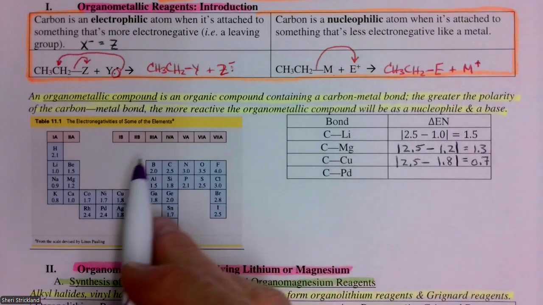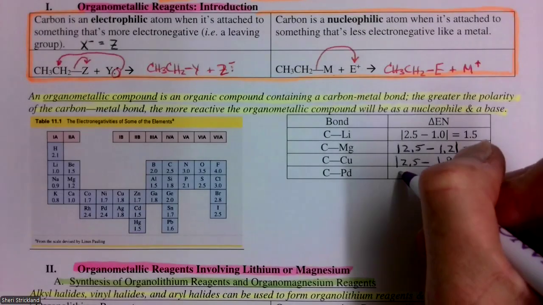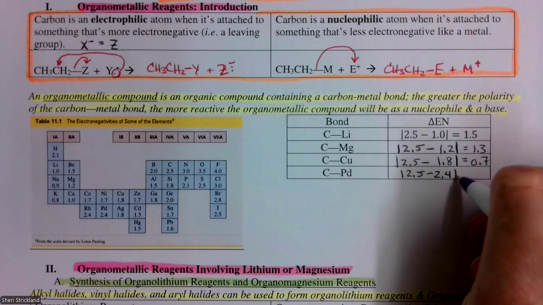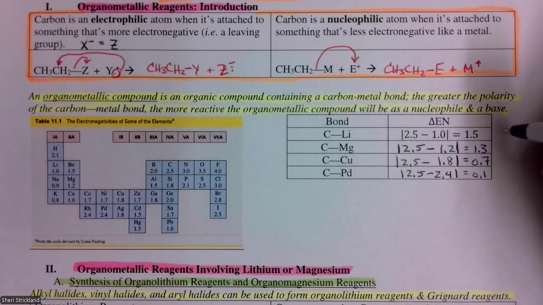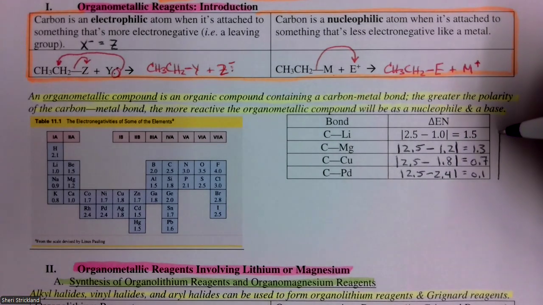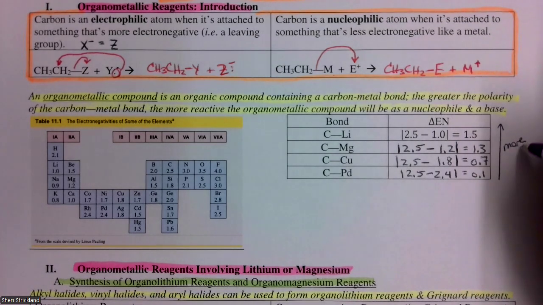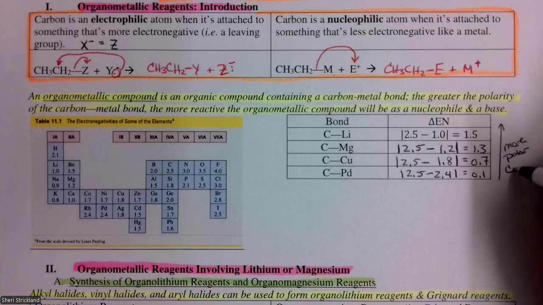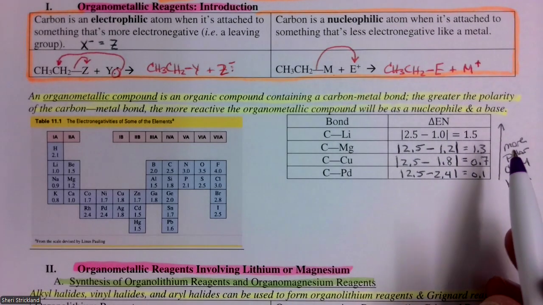And then palladium is over here, 2.4. Which gives us a difference of 0.1. So you can see that the bonds are more polar in this direction. More polar carbon metal bond, which makes the carbon a better nucleophile and a stronger base.